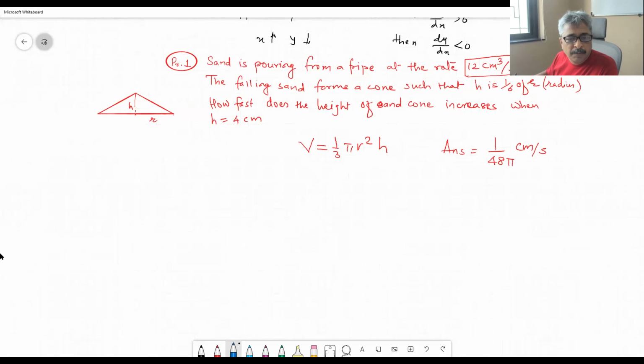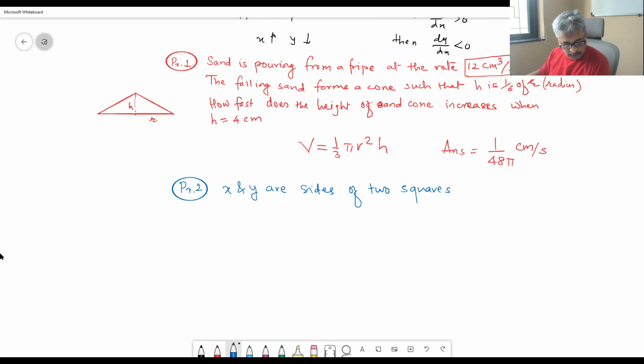Second problem, problem 2. x and y are sides of two squares such that y is equal to x minus x square.